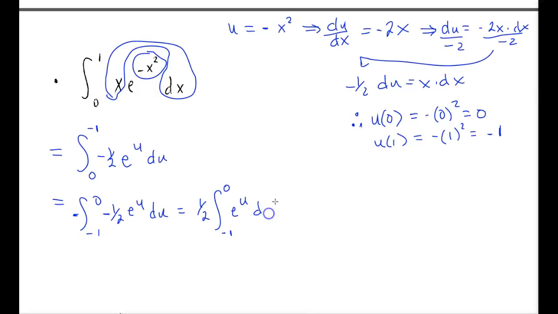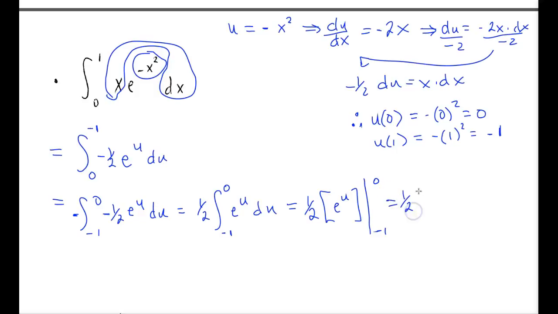And so from this point here, we see that all we have to do is just take the antiderivative of e to the u, which is just e to the u, and we're going to evaluate that from -1 to 0. And so since we've already written x in terms of u here, we do not have to worry about going back and substituting anything in.